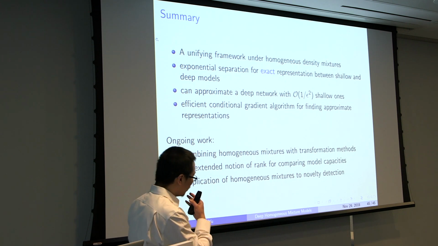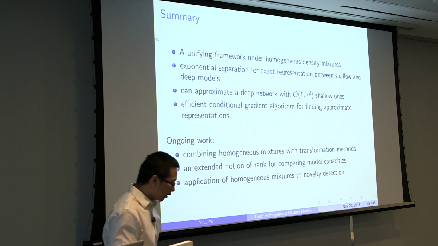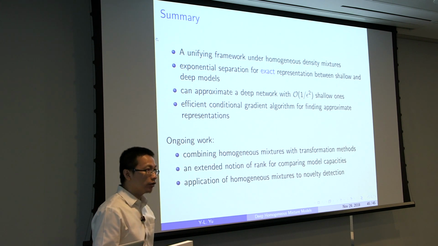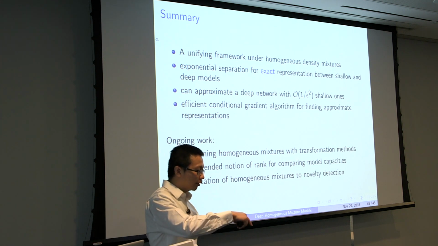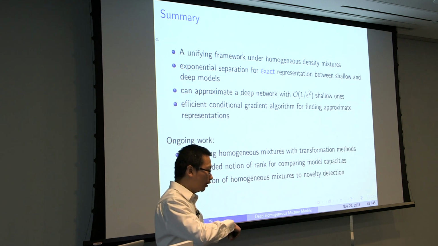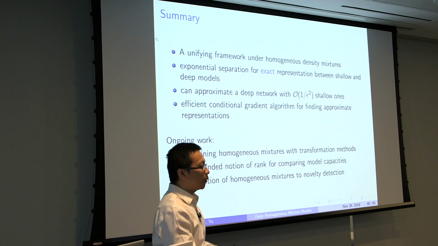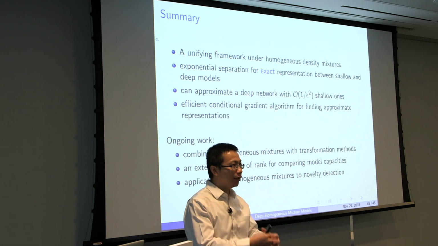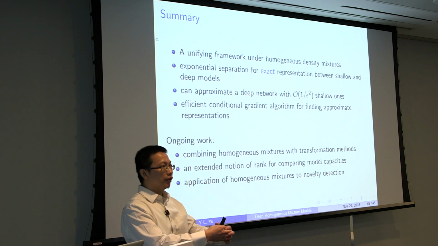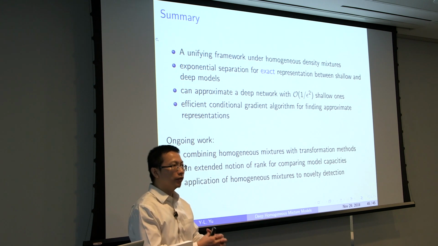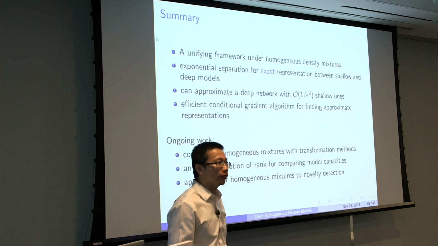And we're also trying to apply this homogeneous mixture model to novelty detection, because in novelty detection, you're basically trying to find some level set of the density function. So if you have a more powerful way of estimating the density function, then conceivably you can also estimate the level sets more effectively.